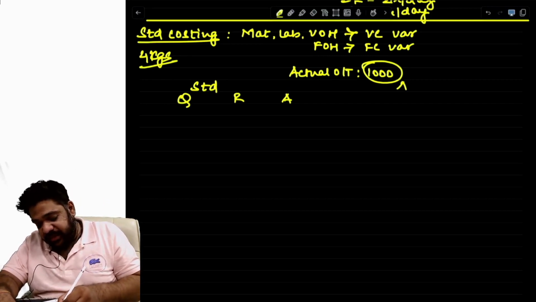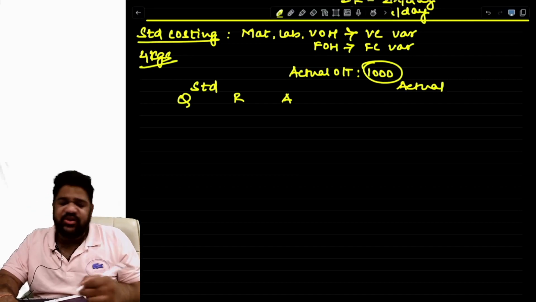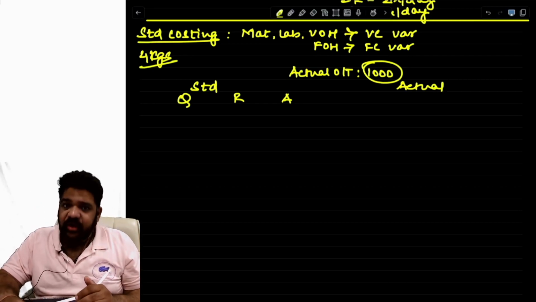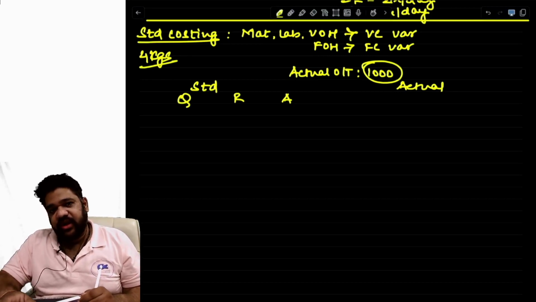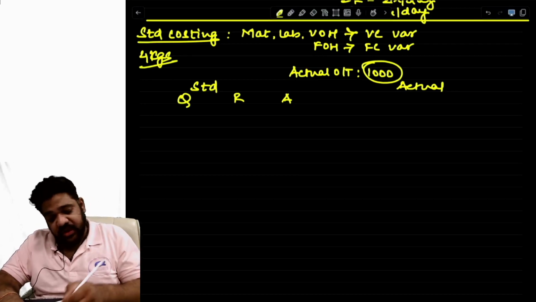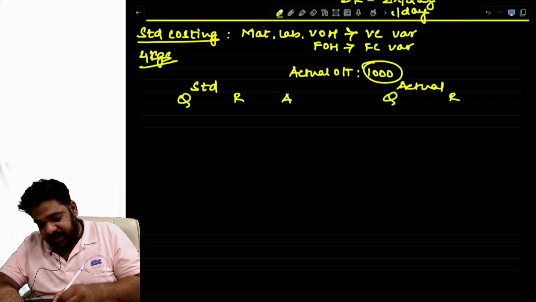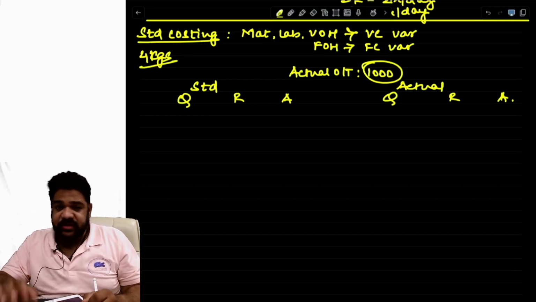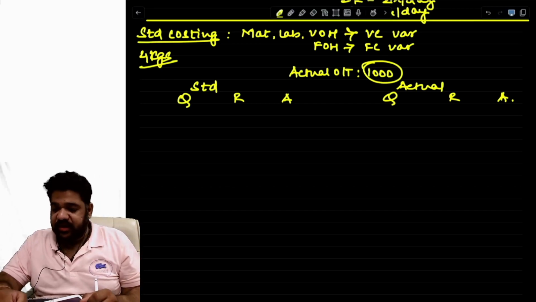And then you will be drawing up the actual. The actuals are usually given in the question. If not, they will give you ways to figure out the actual. Okay. So the quantity, rate, and amount. But the important element is the standard quantities, rate, and amount.